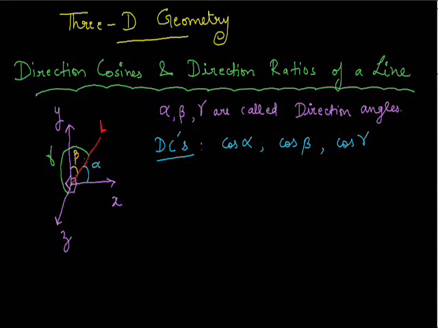Direction angles are the angles which a line makes with x, y, and z axis respectively. And what are direction cosines? Direction cosines are basically the cosines of the respective direction angles. So suppose you're given alpha, beta, gamma as direction angles and you have been asked direction cosines, you just need to take cosine of these direction angles.